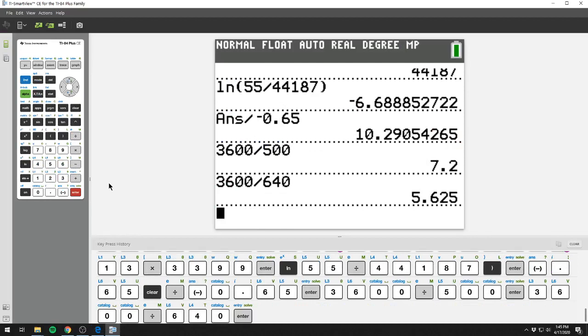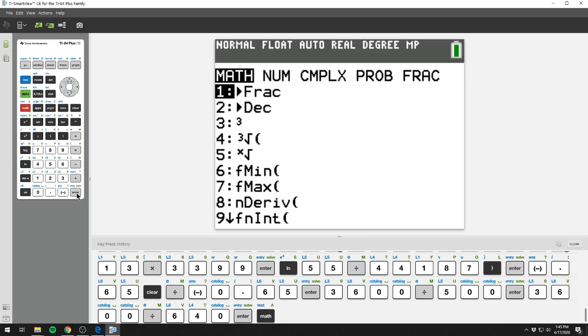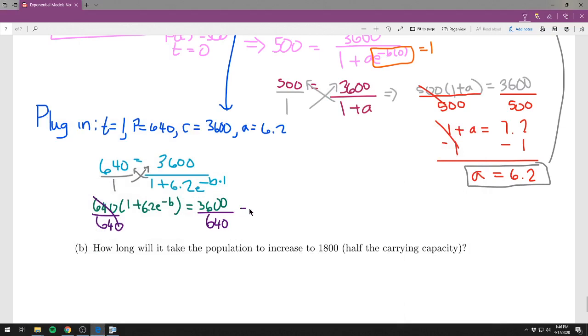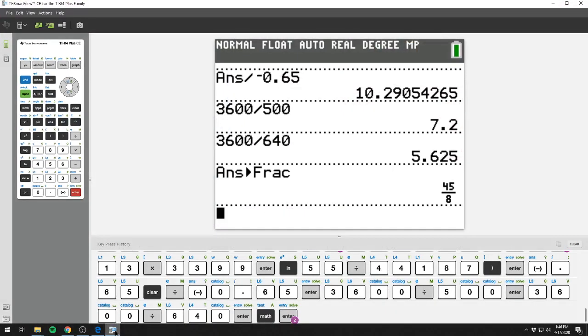Yeah, 5.625 is a nice terminating decimal. You can use that if you want to switch to fraction, 45 over 8, it's up to you. I'll use the decimal here. Since it terminates, we got 1 plus 6.2 e to the negative b equals 3600 over 640, which was 5.625.